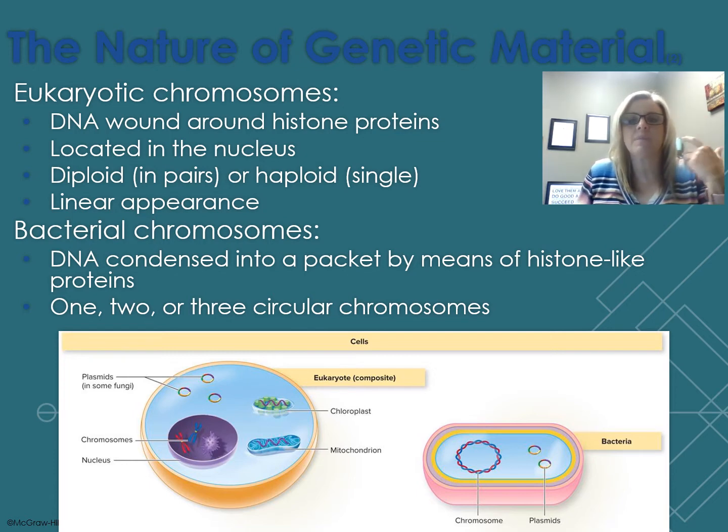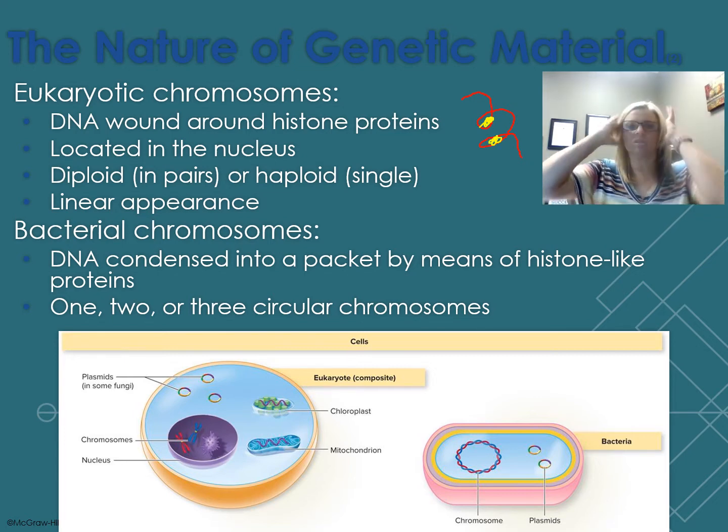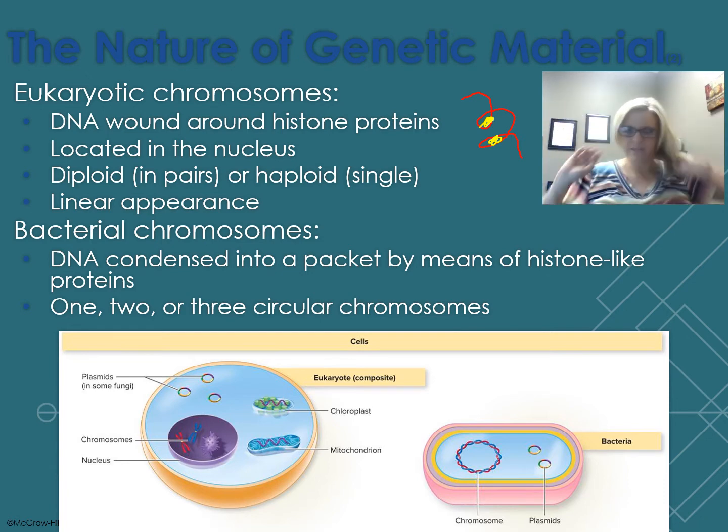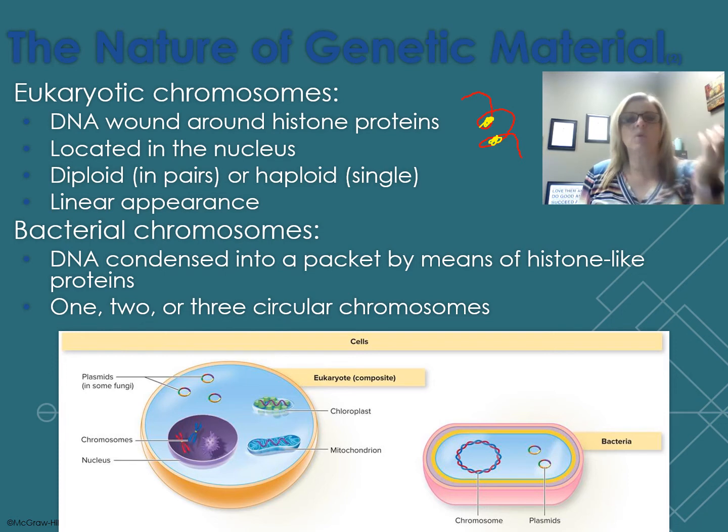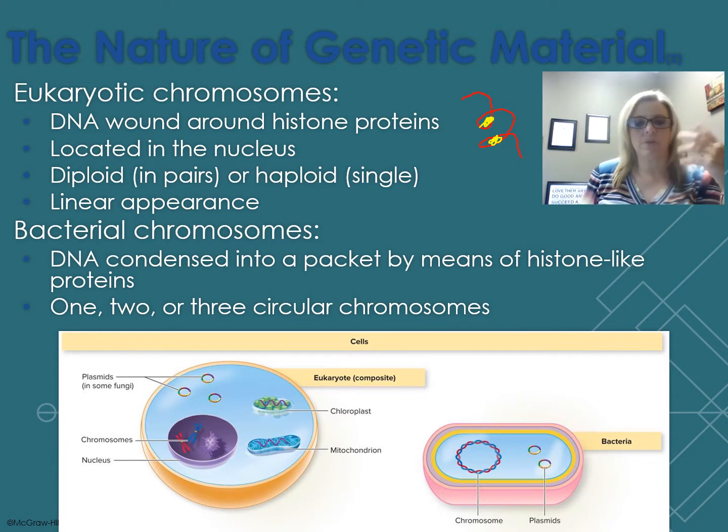So it would be coiled like this, and in the middle of these coils is this little protein that they wind around. That's what helps it to supercoil and take up less space. It's usually going to be diploid, meaning in pairs, or haploid, which would mean single. They can have a linear type appearance to them, even though they're coiled.